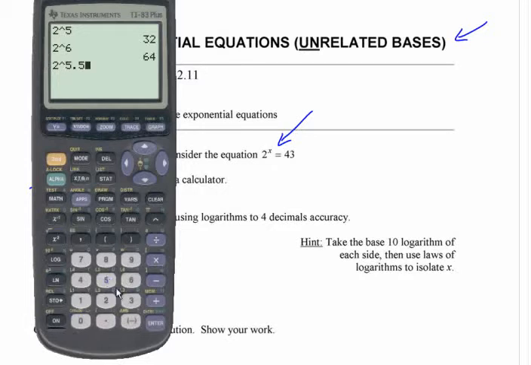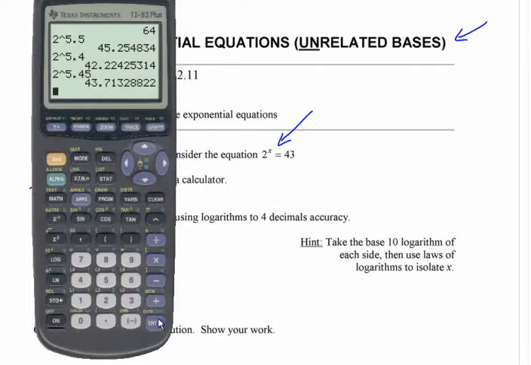You could try 5.5. You're not going to solve these by trial and error, but at the start I would like you to see all you're looking for is a number, what power works there. You could sit here and try things. 5.4 is probably too low. 2 to the 5.45.